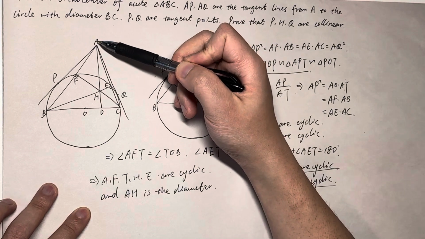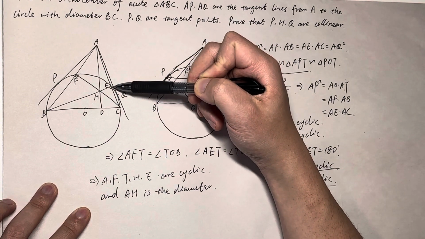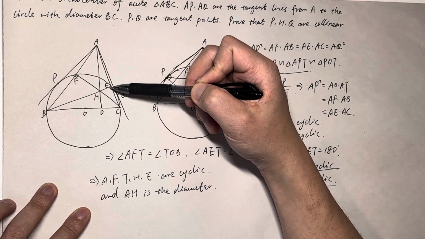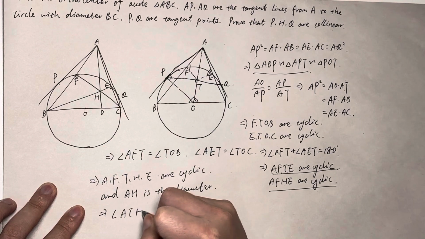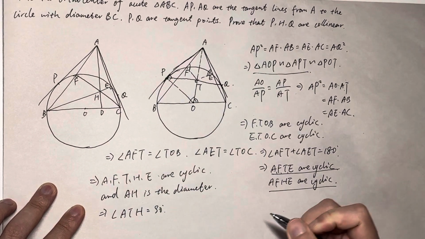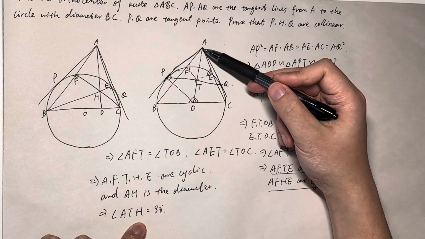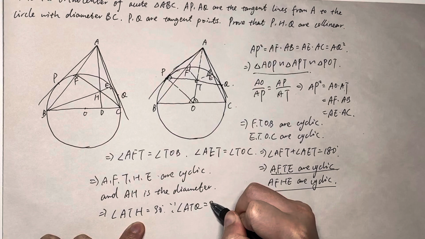And we already know that AFTHE are cyclic. That means angle ATH equals 90 degrees, right? And we already know that angle ATQ equals 90 degrees, right?